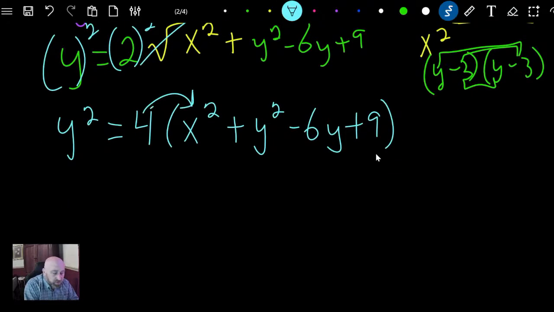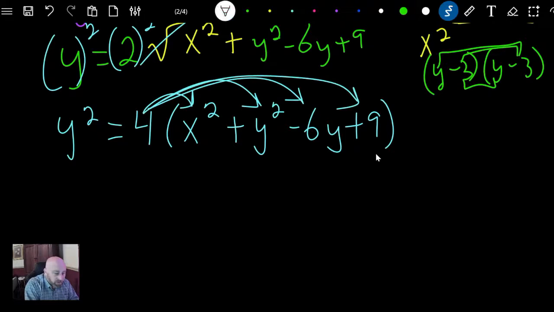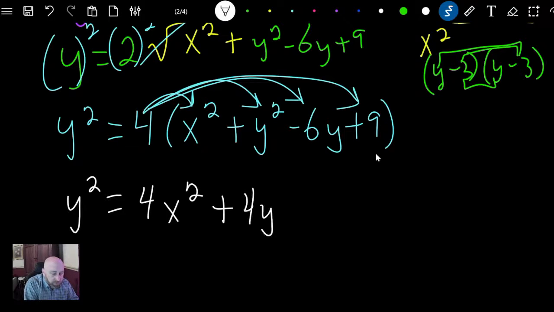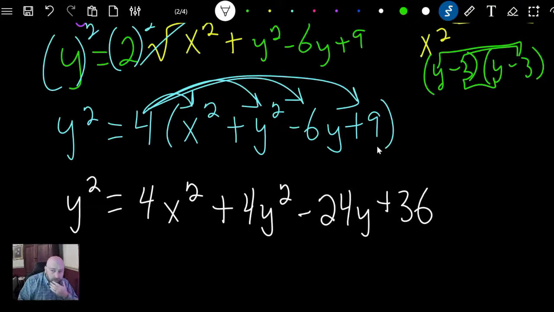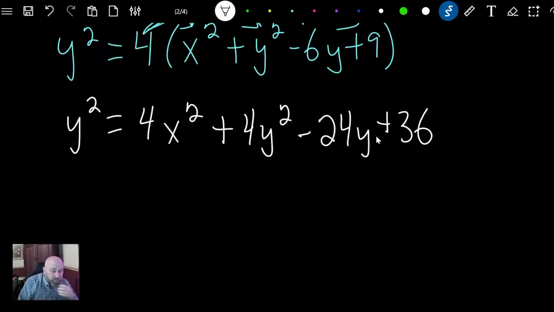Now we can distribute this 4 through here, and we're going to end up with y squared equals 4x squared plus 4y squared minus 24y plus 36. All right, and that's about as far as you can go.